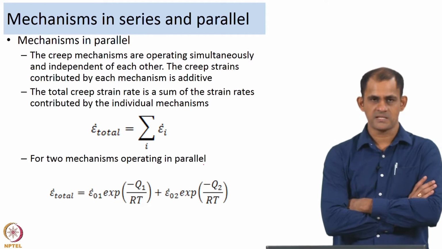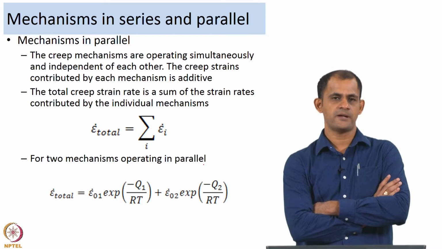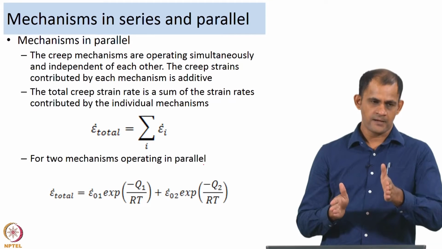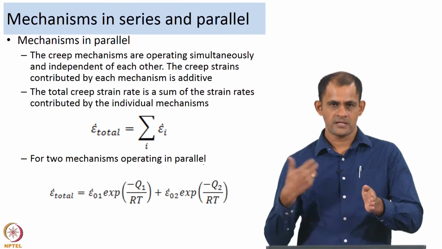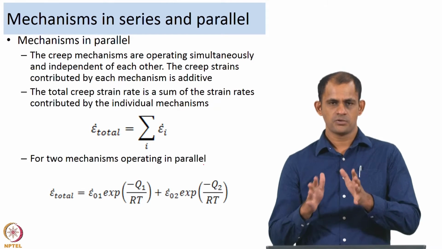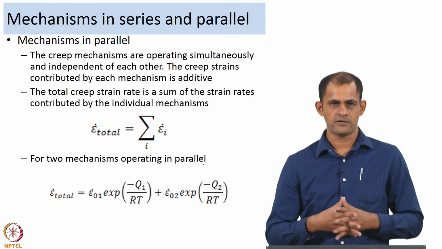So, what this means is the creep mechanisms are operating simultaneously and independent of each other. So, you have two mechanisms operating in parallel, and there is no influence of mechanism 1 on mechanism 2 or vice versa. So, they are operating independent of each other.